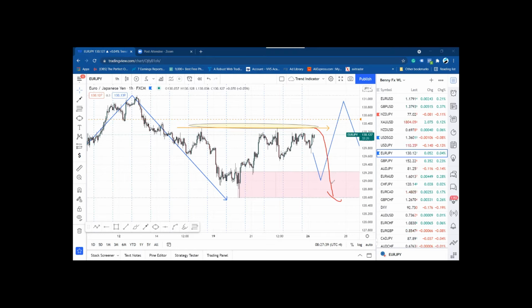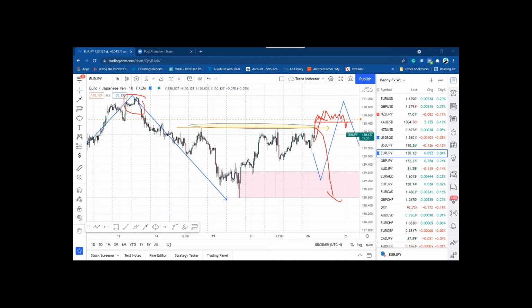So my bias for euro yen is still lower, all right? It's still down. I think that potentially we might see the price drive even higher. That's why my alert is there. I think it will come and test this high because there's a trap order here. If price comes to this area and starts to give me some kind of distribution or break of structure here, then of course I will take a short there.